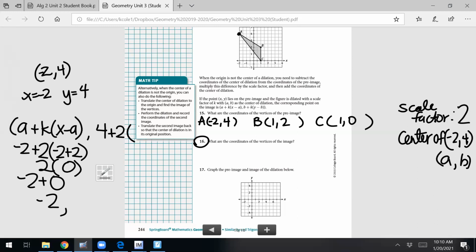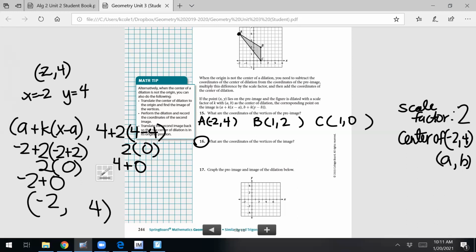Then it has Y, which is 4, minus B, which is 4. 4 minus 4 is 0. 0 times 2 is 0. 4 plus 0 is 4. So that ordered pair is going to stay the same, which we knew, because that's the center of the dilation.